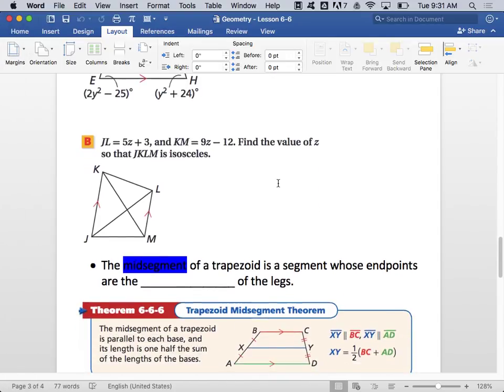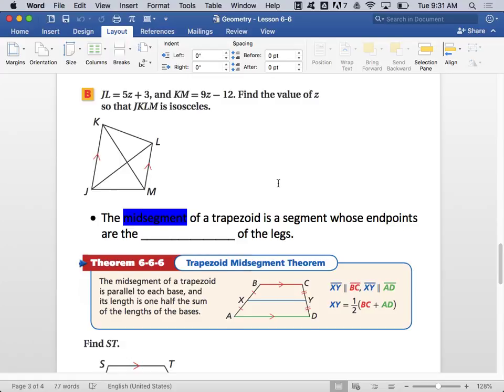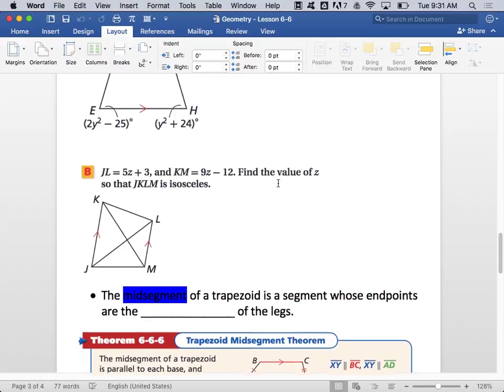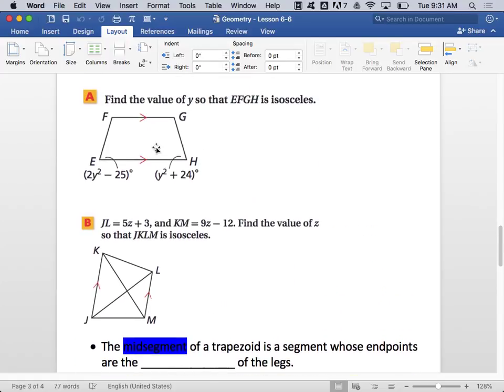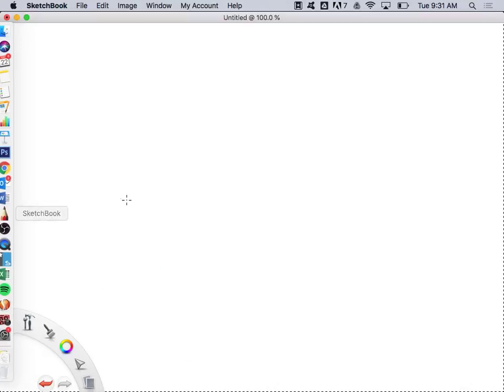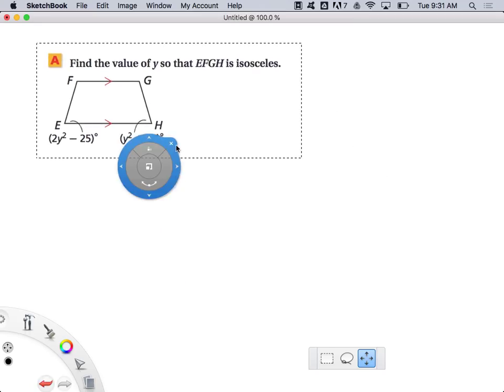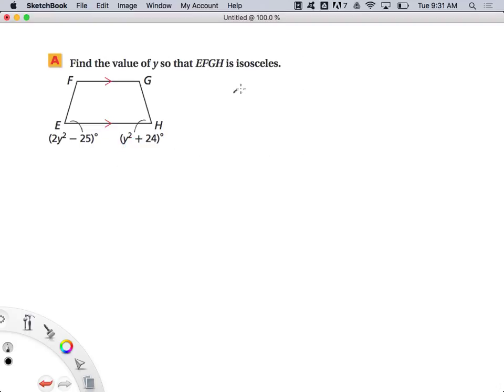We're not going to do this one. Those two are congruent. They should be congruent. Oh, I guess, yeah, we could do it. Look, if they're congruent, you just set them equal, right? So you get 2y squared minus 25 equals y squared plus 24. You subtract y squared from both sides.